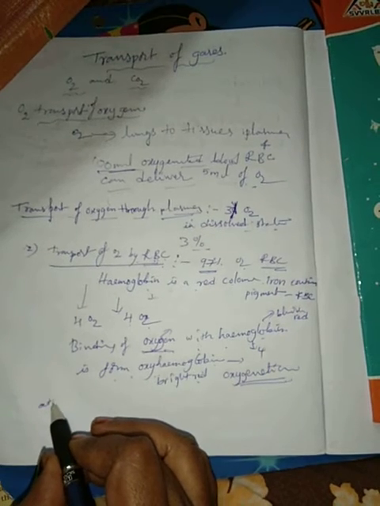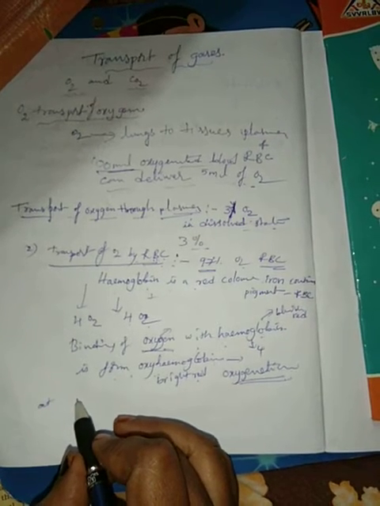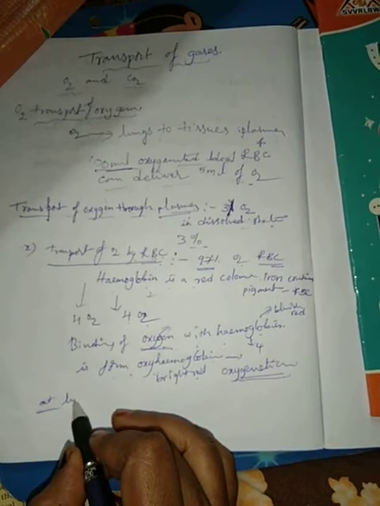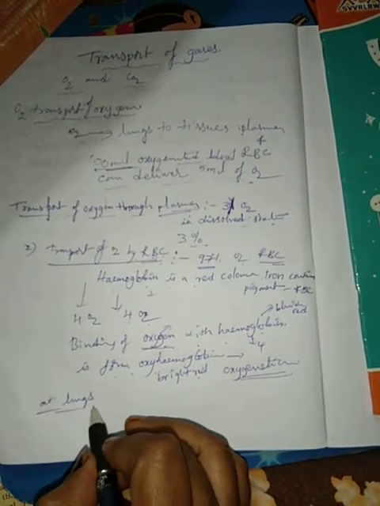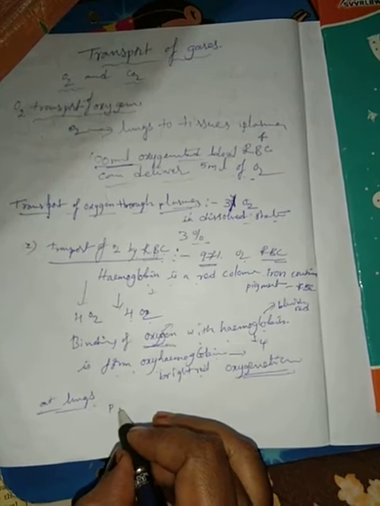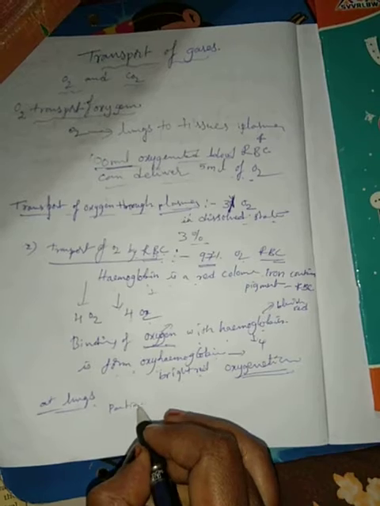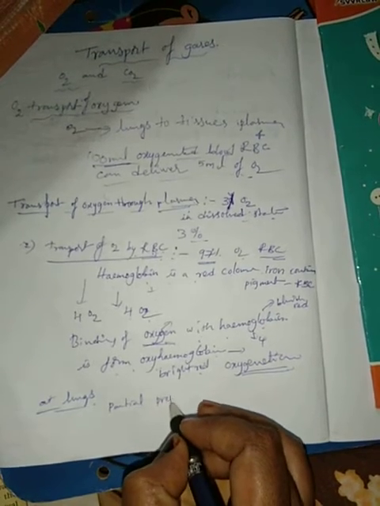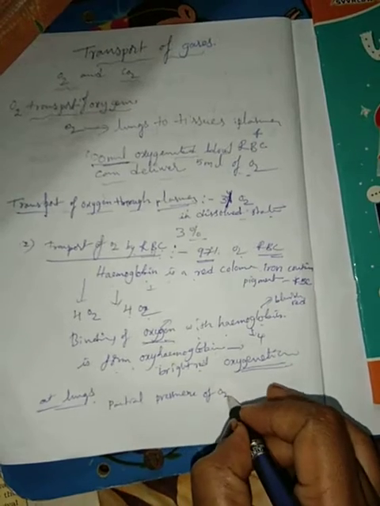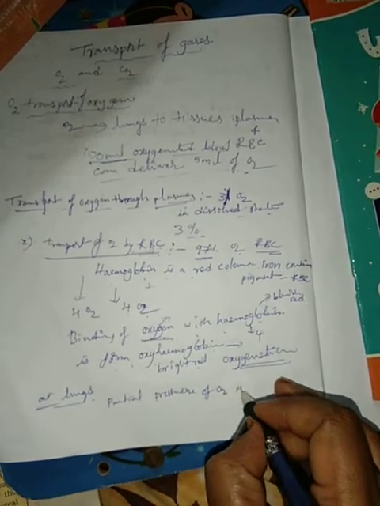The transport of gases from lungs to the tissue. First level, at lung stage, the partial pressure of O2 is high.